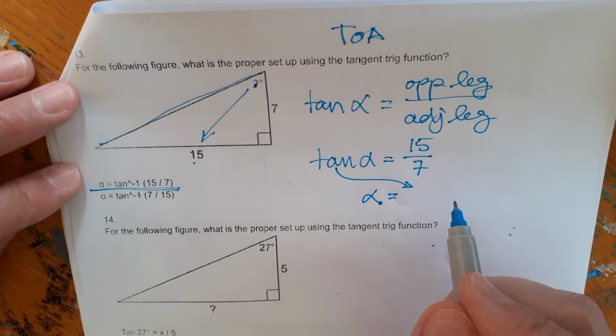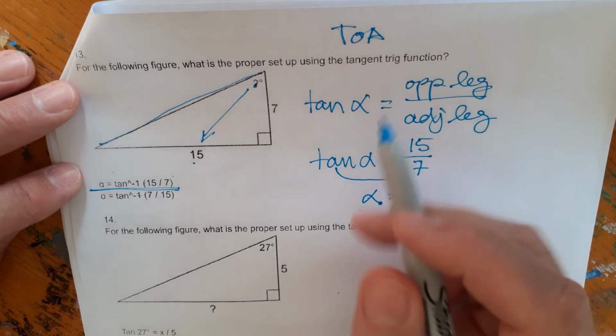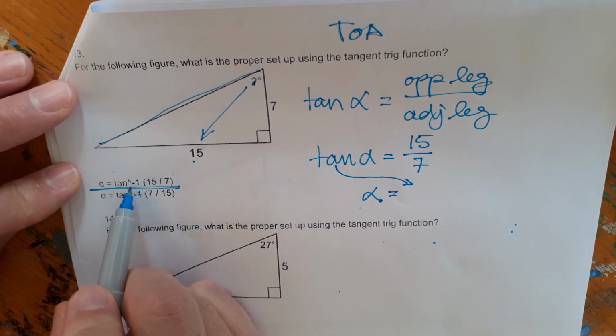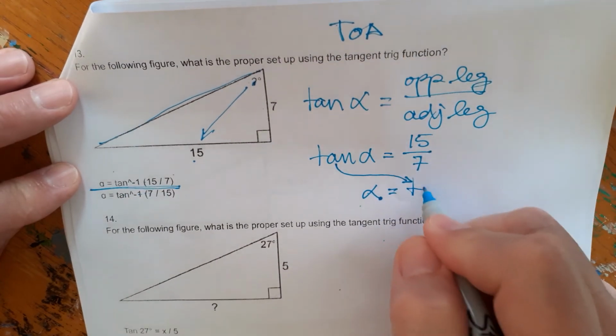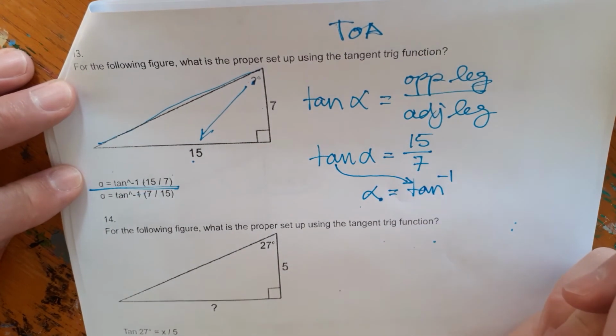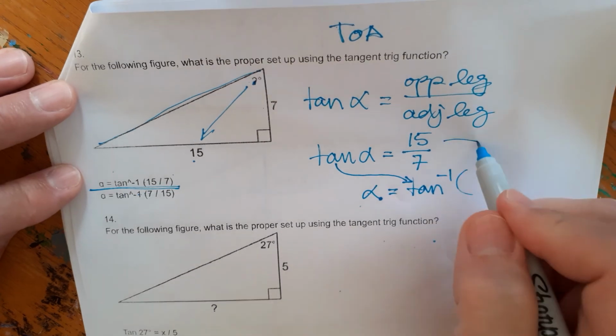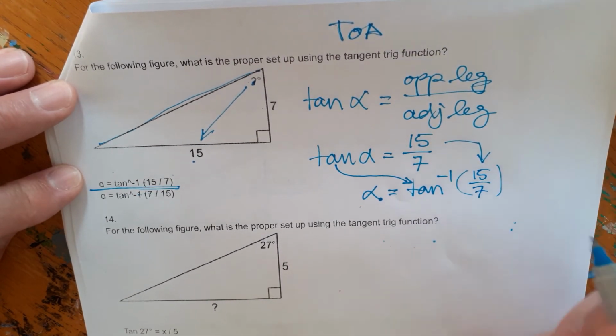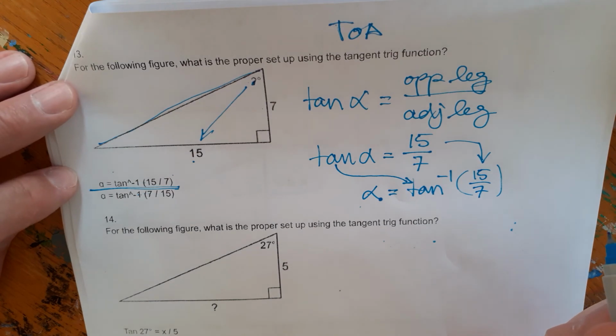We go forward with power, we go backward with root. We go forward with a tan function, we go backward with an inverse tan function, which is written tan to the -1 power. This fraction goes right into the parentheses here, 15 over 7. And I'm going to pull out my calculator in a second and try to work a few of these when we get to the end, so you can see how it works inside the calculator.